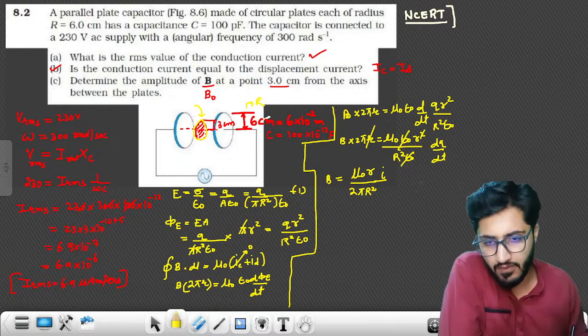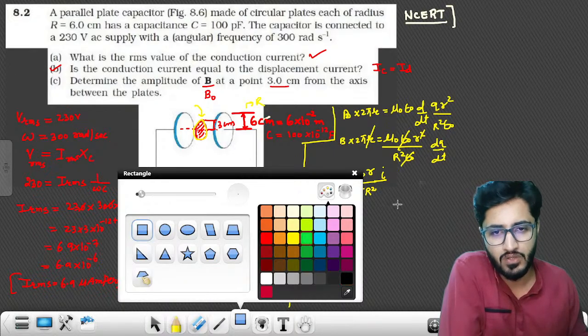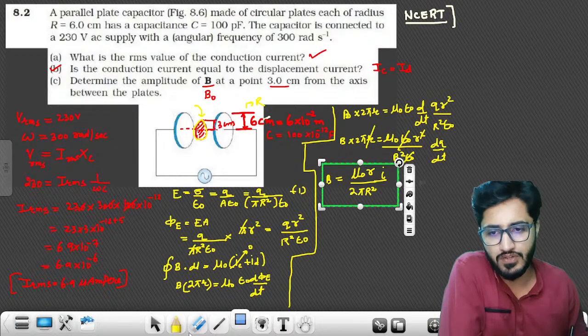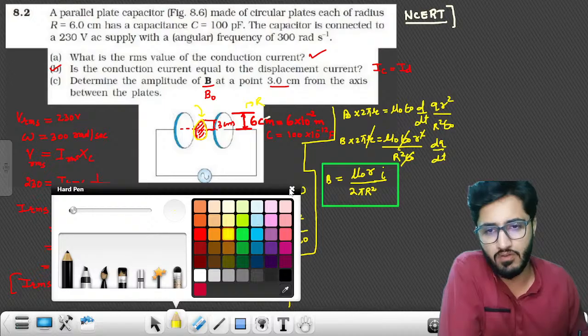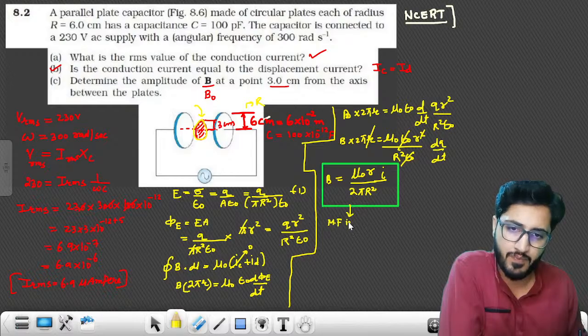So if you are very good now, one thing that I will just tell you: look now. This equation is because of, you can simply use it for the magnetic field inside a solid cylinder.